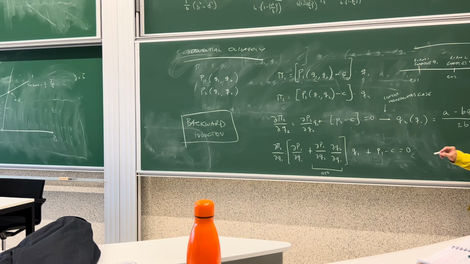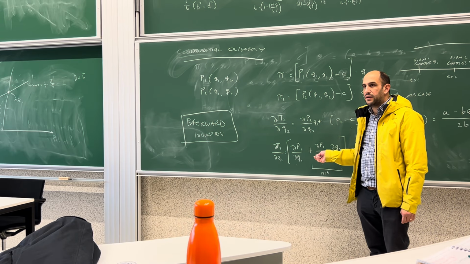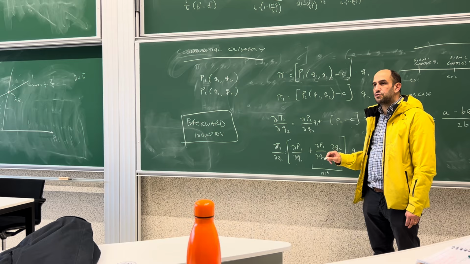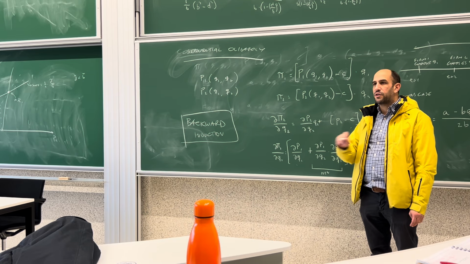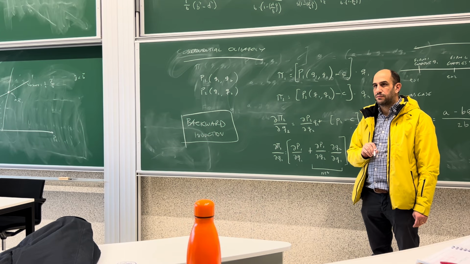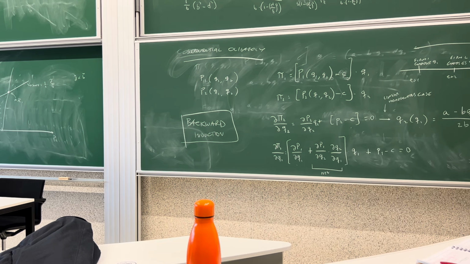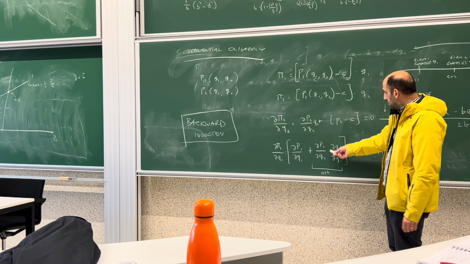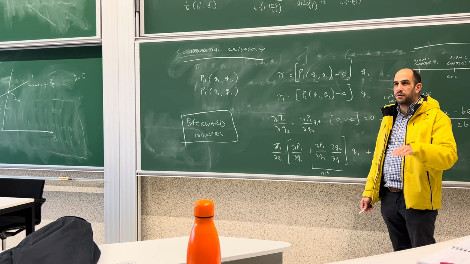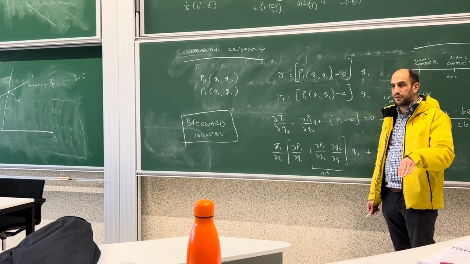And this new term is going to imply that firm 1 is going to produce more than before. Because is this new term positive or negative? Depends on the derivative. Well, the change in Q2 over dQ1 is the slope of the best response function in Cournot, which is negative.